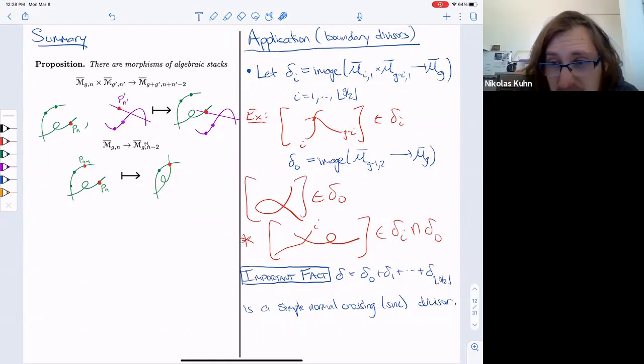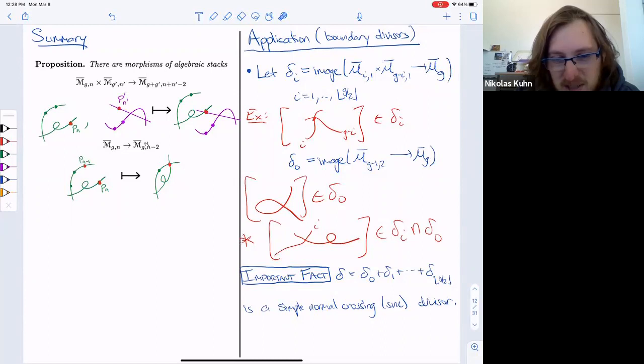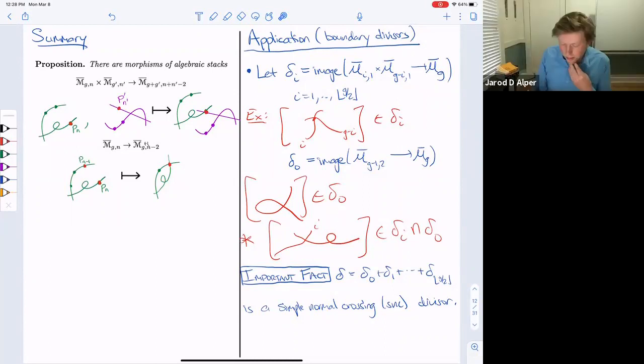Question here. Do you run into trouble that delta 0 has a self-intersection, so it's not like simple normal crossings? Oh, you want me to erase simple? Wait, hold on. I'm not sure what simple normal crossings means in this context. I just want to say formally, locally around that point, you have a power series ring in n variables, and your divisor is cut out by the product x1, x2, all the way to xk.